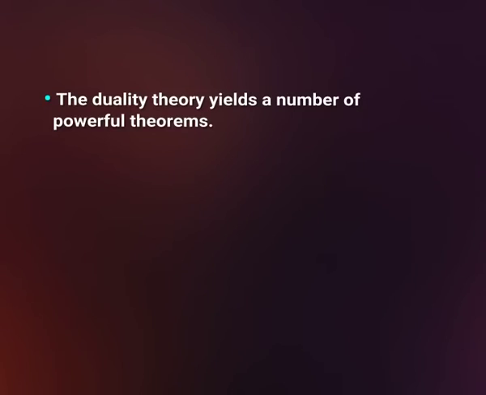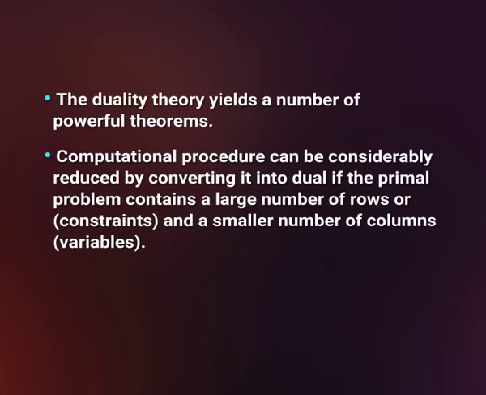There are various advantages of application of duality theory. These advantages are: the duality theory yields a number of powerful theorems. Computational procedure can be considerably reduced by converting it into dual if the primal problem contains a large number of rows or constraints and a smaller number of columns or variables.